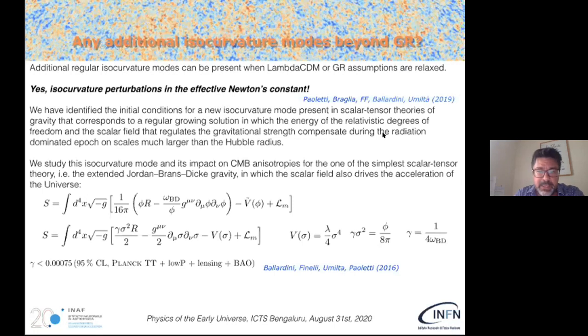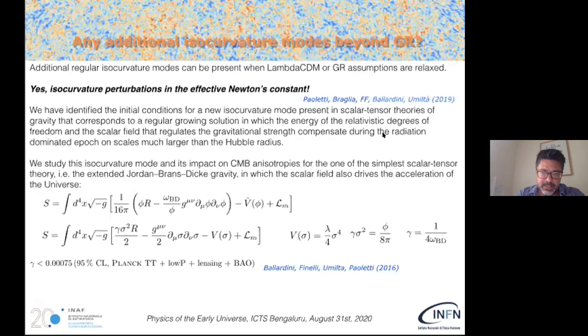Or there might be other isocurvature solutions when additional dynamical degrees of freedom are present, as in extensions of lambda CDM. As an example of this, we have identified the isomode for the simplest scalar tensor model, the extended Jordan-Brans-Dicke theory, which is really the workhorse to study the extension of general relativity.